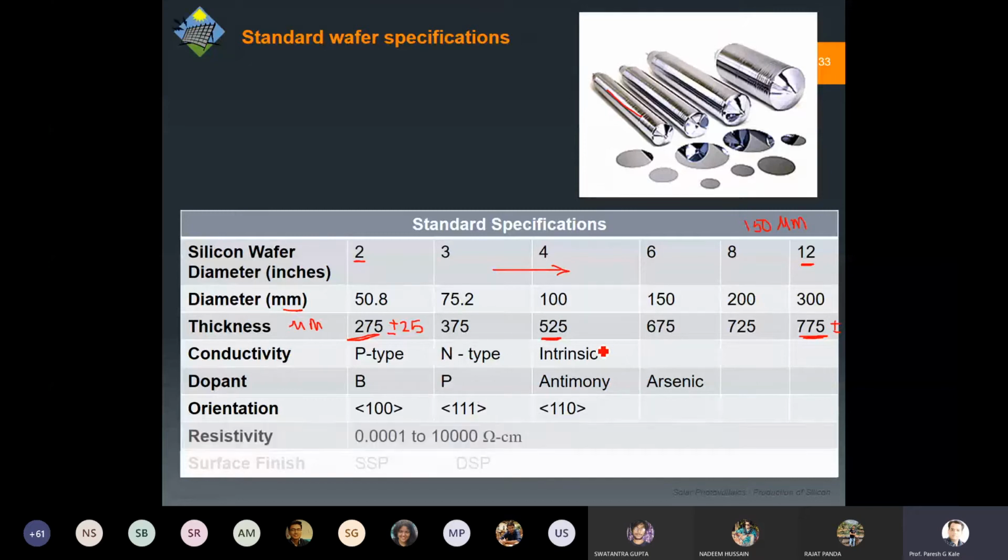Then the next thing is the resistivity. Have you studied measurement of resistance? Hello, have you studied measurement of resistance? Yes, sir. In which subject?